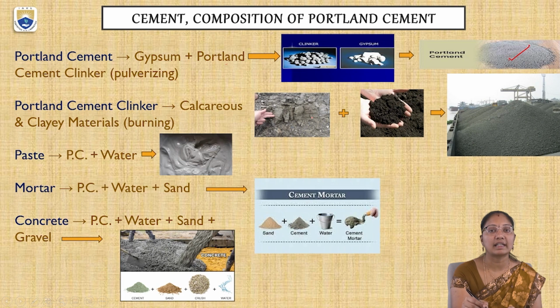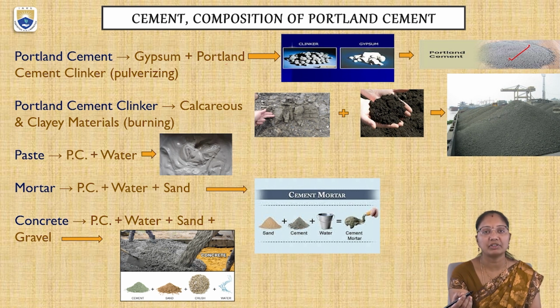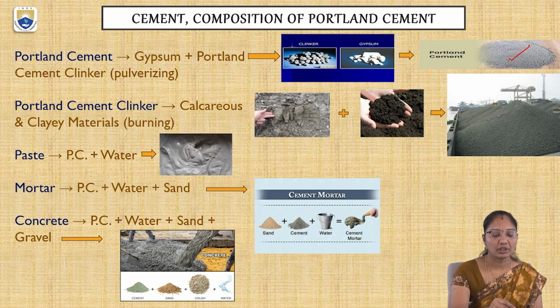This is nothing but limestone. It is mixed with clayey material, and on burning at a specific temperature it results in the formation of a clinker. This clinker is ground, and with the addition of gypsum it converts into the cement.